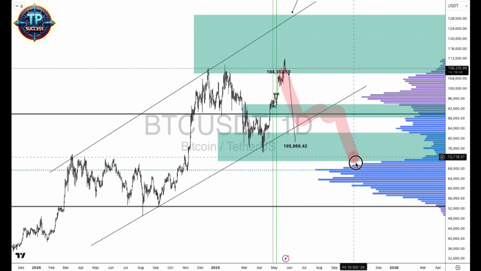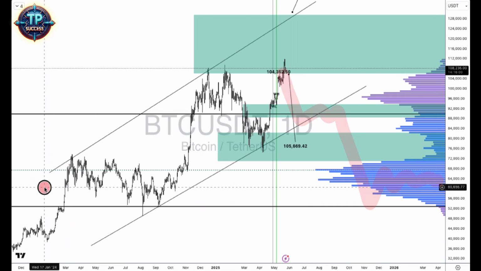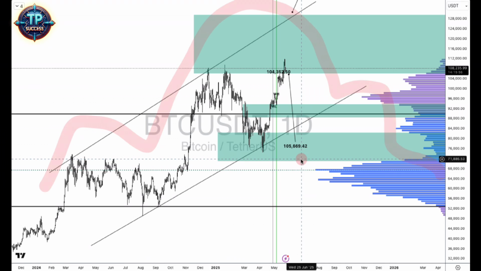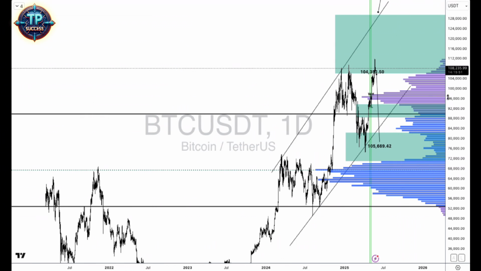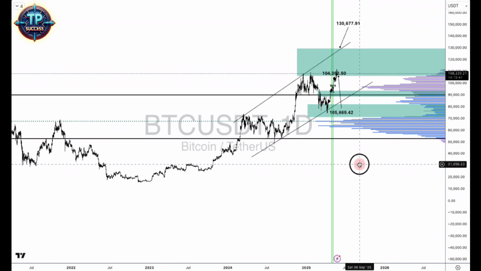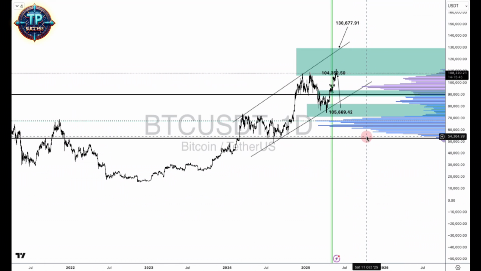Regardless of how it does it, it's going to come down here and then just do the zigzag, therefore giving us the head and shoulders that I've just talked about. That's what could happen. And then at which point, which I highly doubt, we may get some type of correction in BTC, but I don't think that's going to happen.